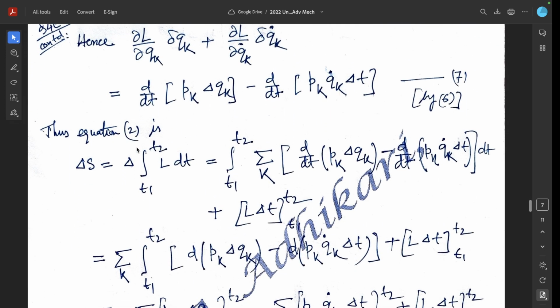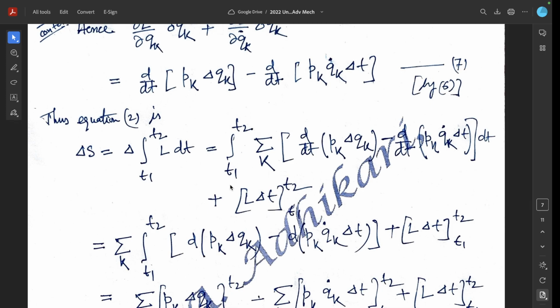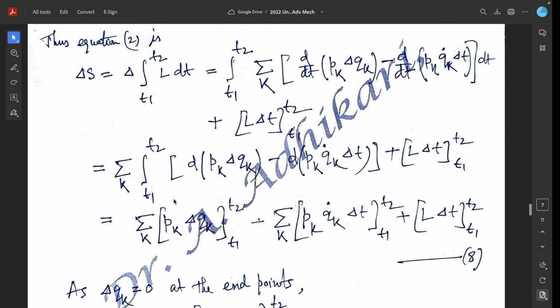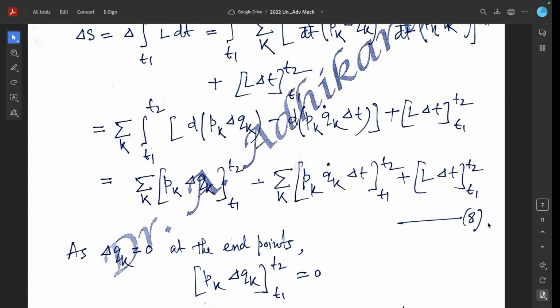Thus equation 2 is given by ΔS, which is Δ∫ L dt, equal to ∫ from t1 to t2 of Σ_k of d/dt of p_k δq_k minus d/dt of p_k q̇_k Δt, whole in brackets, dt, plus L Δt between the limits t2 and t1. After simplification, we get expression 8.